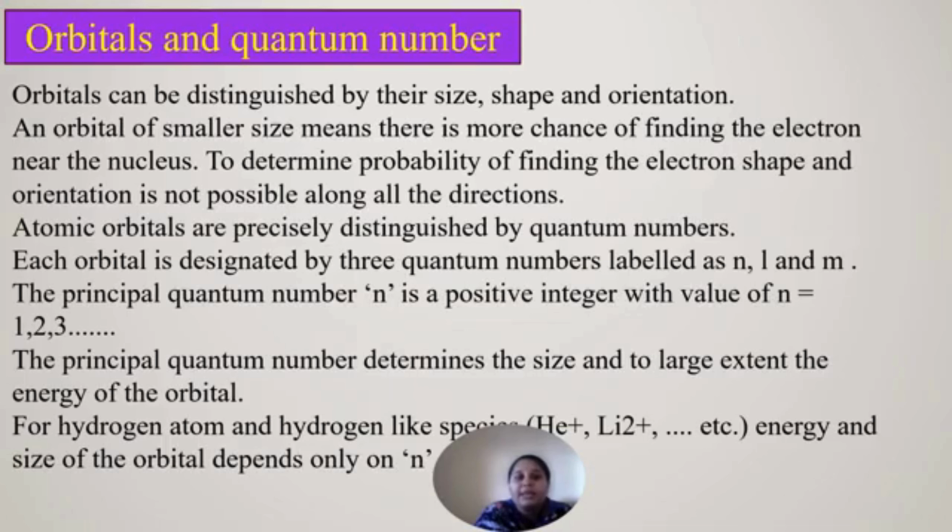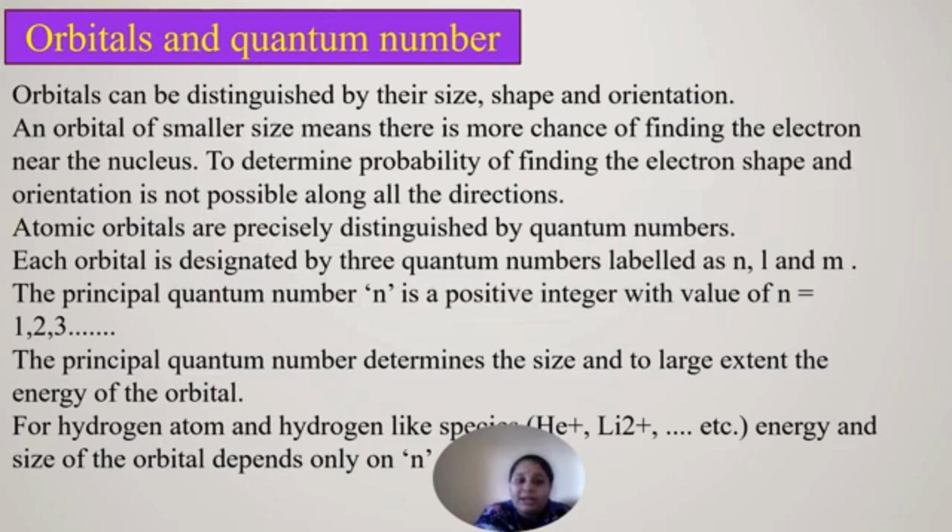Determining the probability of finding the electron by shape and orientation is not possible in all directions, so a new concept called quantum numbers was introduced.